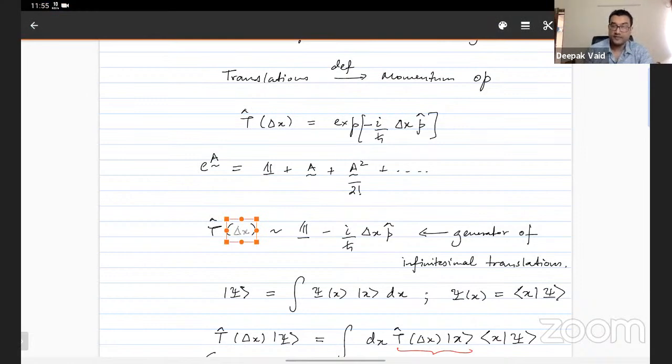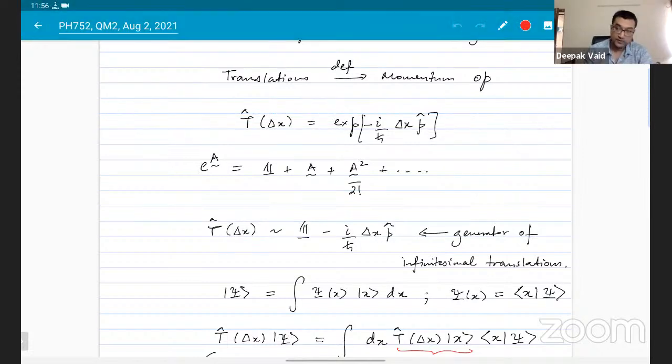So delta x labels how far you want to displace your system. And delta x is a continuous variable, because these are translations along the real line. So we call it a continuous symmetry.